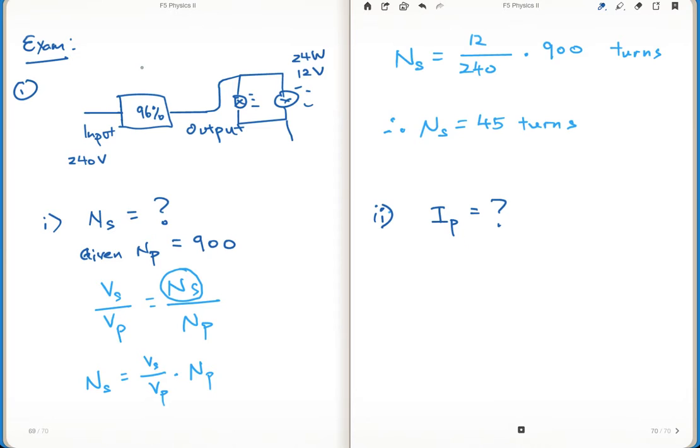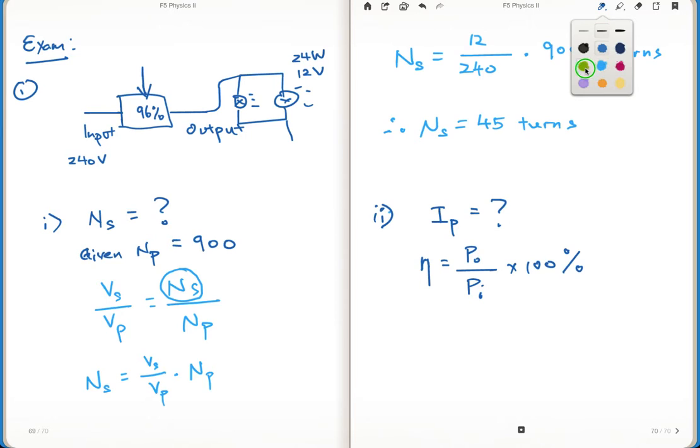They give you efficiency. So efficiency is P output over P input times 100%. They ask for the primary, meaning the input, and from power, when P equals IV, from here you're able to find out the current.